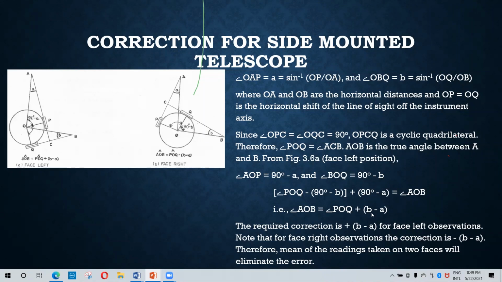Here instead of plus B minus A, you will get minus B minus A. So the next one is AOB equals POQ minus B minus A. So you only have to get the two readings, add them up and divide by 2, and you will get the right reading.